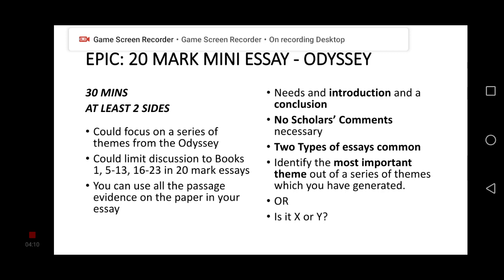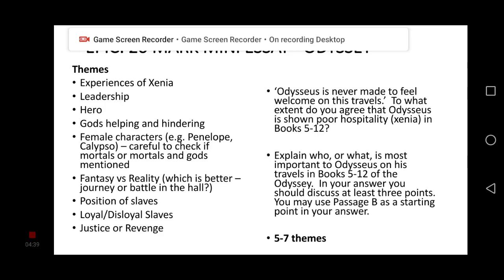So what's the most important threat or most serious threat to Odysseus on his journey back to Ithaca? So you generate a series of themes and you pick out the most important threat. Or it might fall into a 2-sided essay, argue this side or that side, which you are going to decide on.